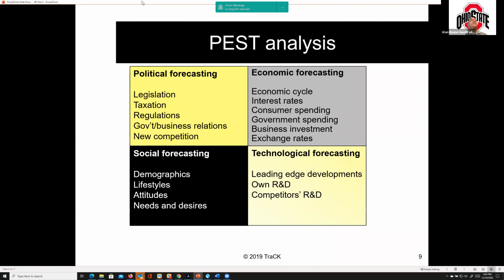So some examples of a typical PEST analysis along the political forecasting side: is there any legislation that's going to limit or prohibit your particular service, right? Is it going to be in decline, or is there going to be a big need for it? Are some of the environmental regulations, for instance, getting a lot more lax? And so the need to do a lot of these feasibility studies and the need for permitting might be going down.